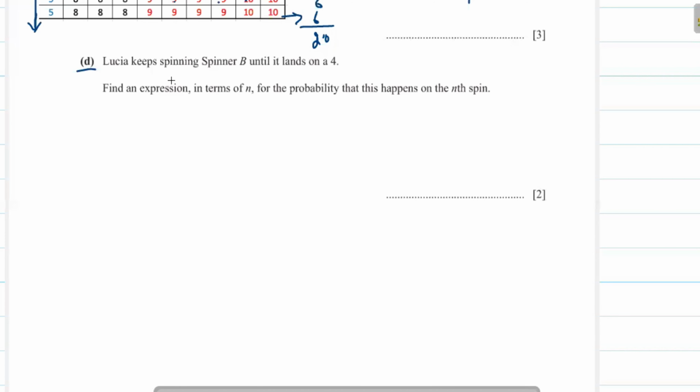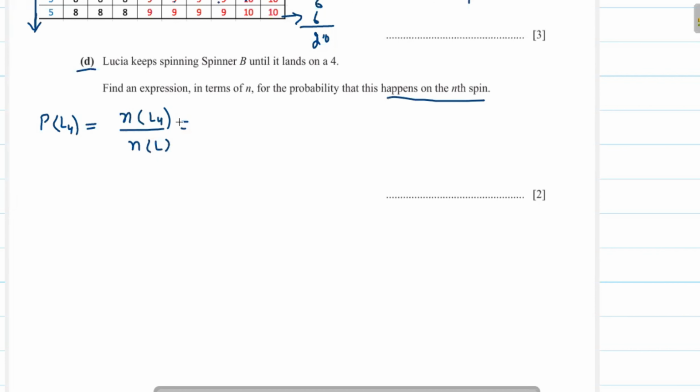Part D, Lucia keeps spinning spinner B until it lands on 4. Find an expression in terms of n for the probability that it happens on the nth spin. Firstly, we find the probability of spinner B landing on 4. We represent by P of L4 equal to the number of times landing 4 divided by the total number of landings.